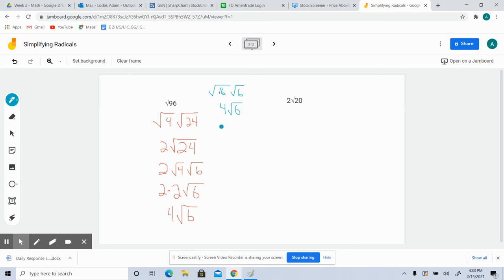And I get to the same answer, but sometimes we can't always find the largest factor that's a perfect square so easily. I don't care which way you do it, it's just a matter of which way you prefer.